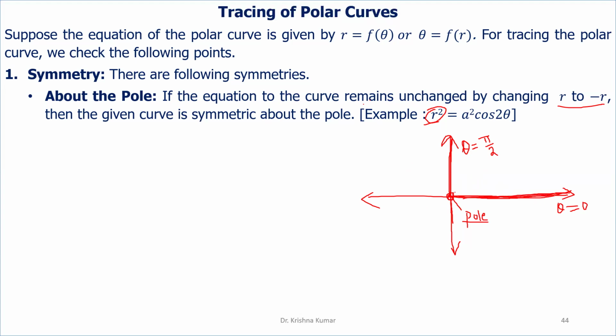The x-axis is called the initial line theta equal to 0, and the y-axis is called the line perpendicular to the initial line at the pole, or simply the line theta equal to pi by 2. So here we take three types of symmetry. The first symmetry is about the pole. The second symmetry is about the line theta equal to 0, and the third symmetry is about the line theta equal to pi by 2.